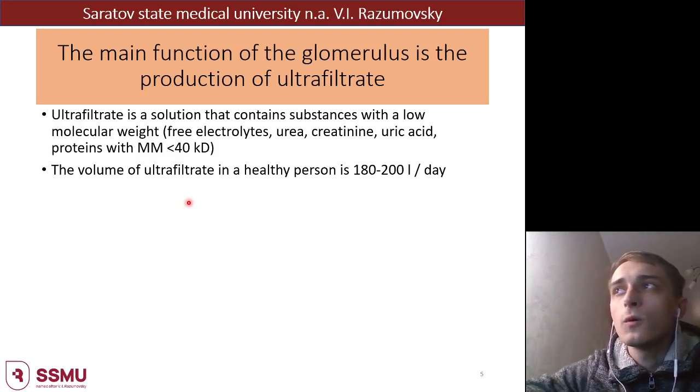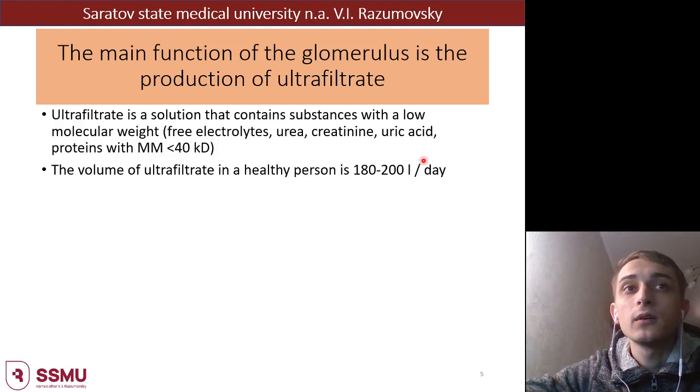The volume of ultrafiltrate in a healthy person is something about 200 liters in a day. But the normal volume of urine of a healthy person is probably about 1.5 liters. So you may see a big difference between primary filtrate and total urine.